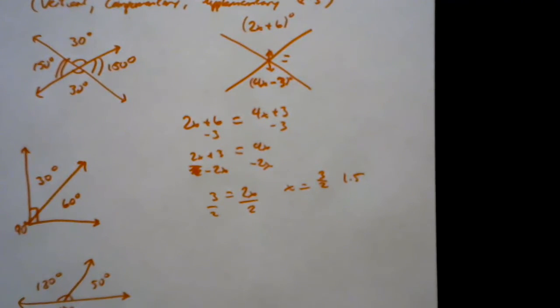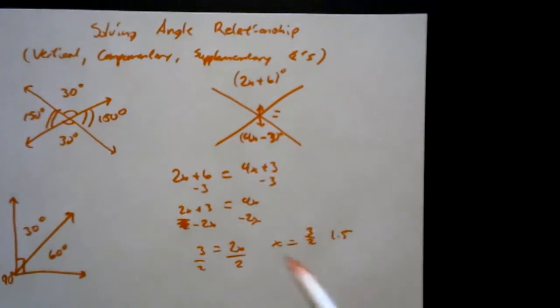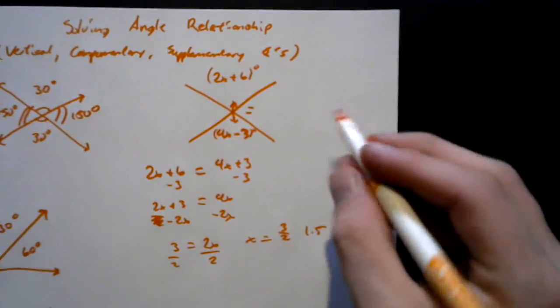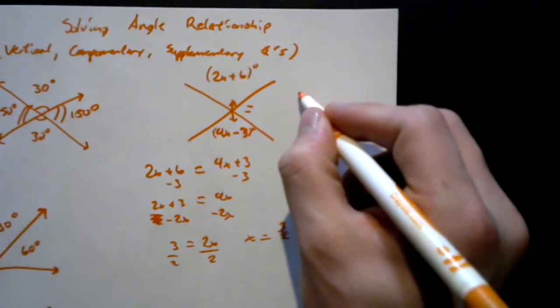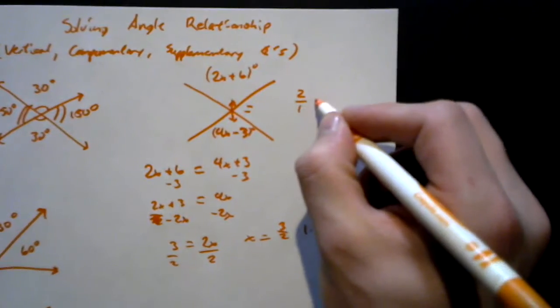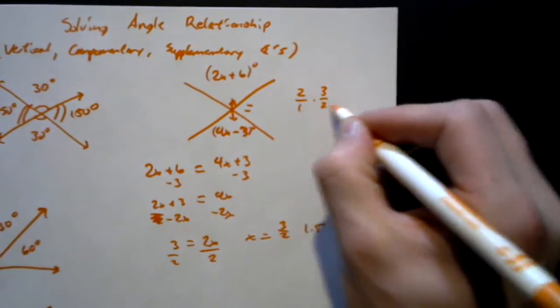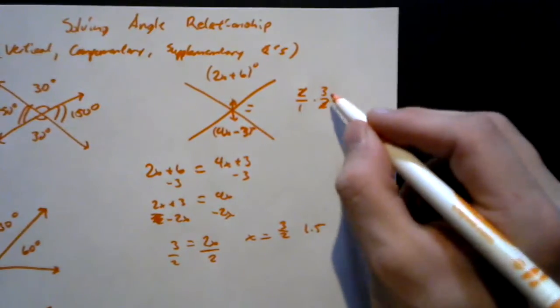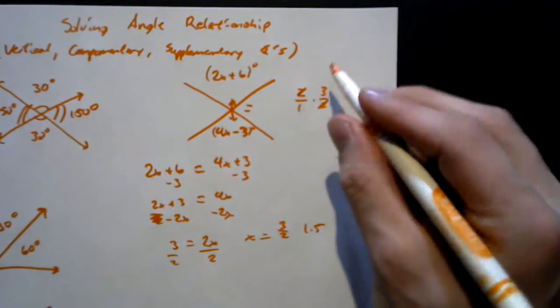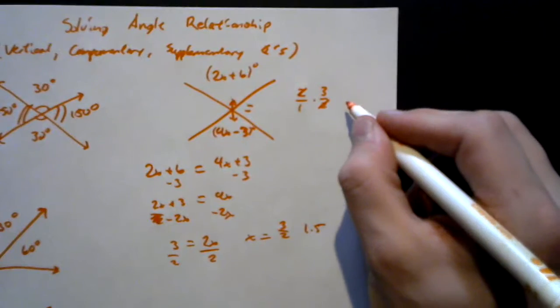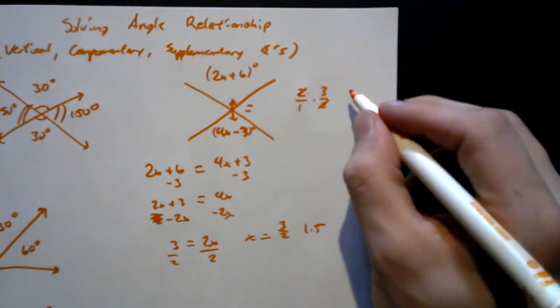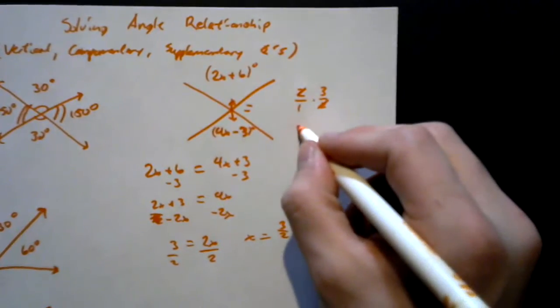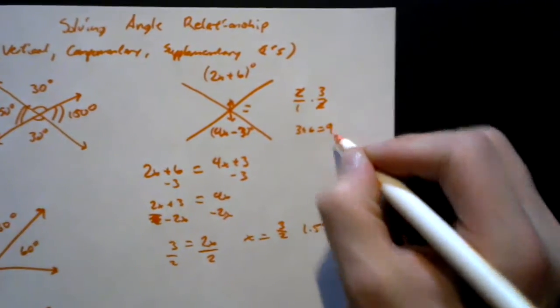So now if we plug it back into one of these equations, we'll just use the top one. And do 2 over 1 times 3 over 2. That cancels, leaving you with 3 plus 6 equals 9.